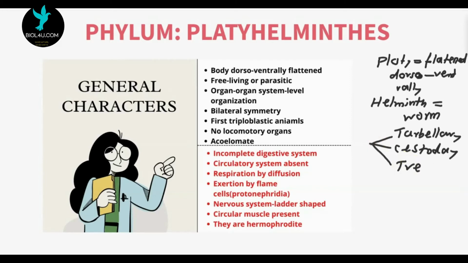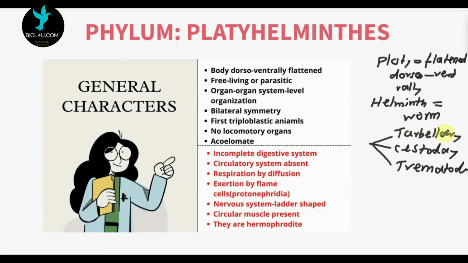In the Cestoda and Trematoda, all the organisms are parasitic, but the Platyhelminthes belonging to the Turbellaria are actually free living. They are found in decaying organic matter or a similar decaying medium.